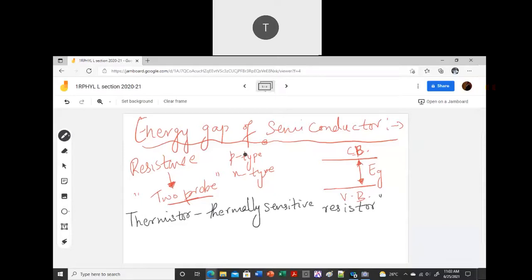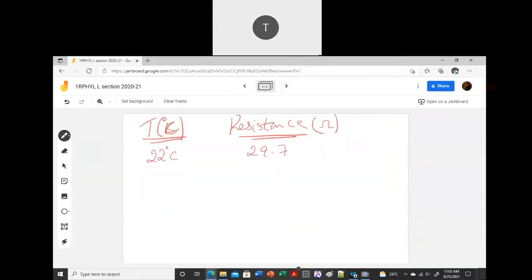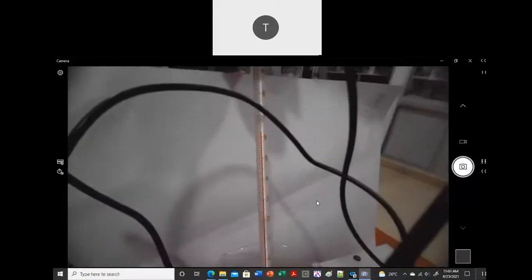What is the meaning of that? The resistance of your material or your thermistor actually depends on the temperature. As we already saw in our case, when we were at room temperature, we got a value of 29.7. Now if I take the value, it is around 13 or 14. I will show here, the value is around 14. And what is the temperature here? The temperature is around 63.